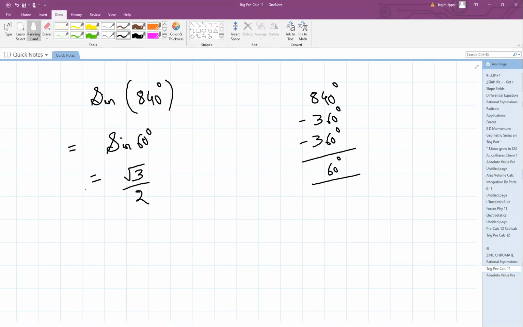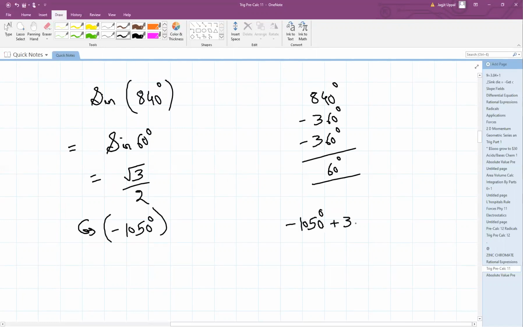So if they had asked me to get cos of minus 1050, then we would just take this minus 1050 and keep adding 360 until your angle is between 0 and 360. That's the key. Okay, can you guys keep adding this? Minus 1050 plus 360 plus 360.